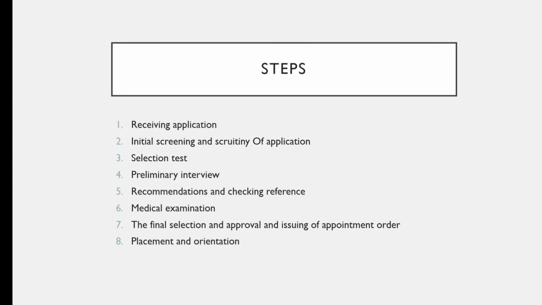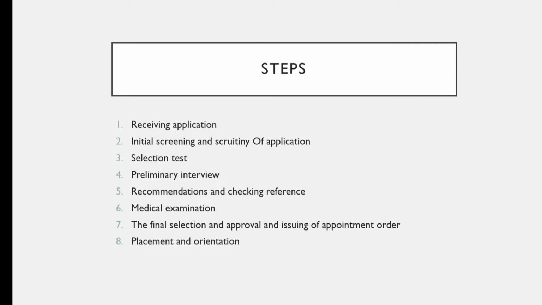After that comes the final screening. In the final screening, the scrutiny committee again checks and verifies the scrutinized applications, and they prepare a checklist of the eligible candidates as per the requirements of the said post.